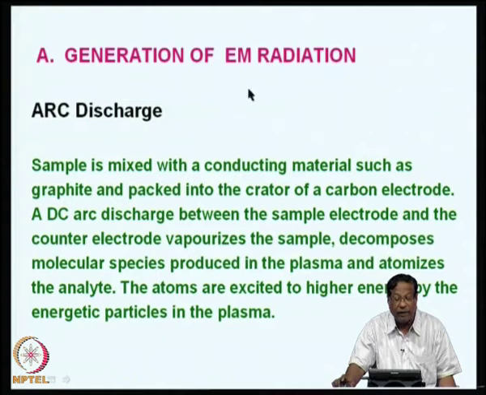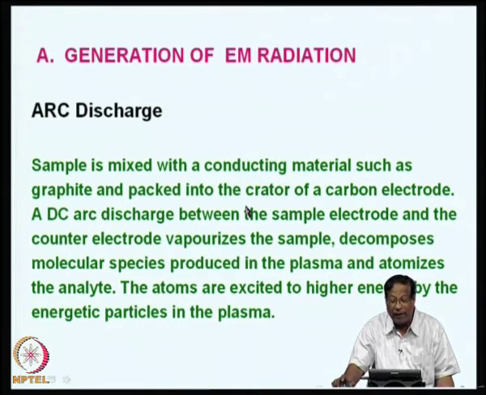Now, there are different ways in which we can consider the generation of electromagnetic radiation. Usually, the first thing we consider is arc discharge. Here what happens? The sample is mixed with a conducting material such as graphite and packed into the crater of a carbon electrode.